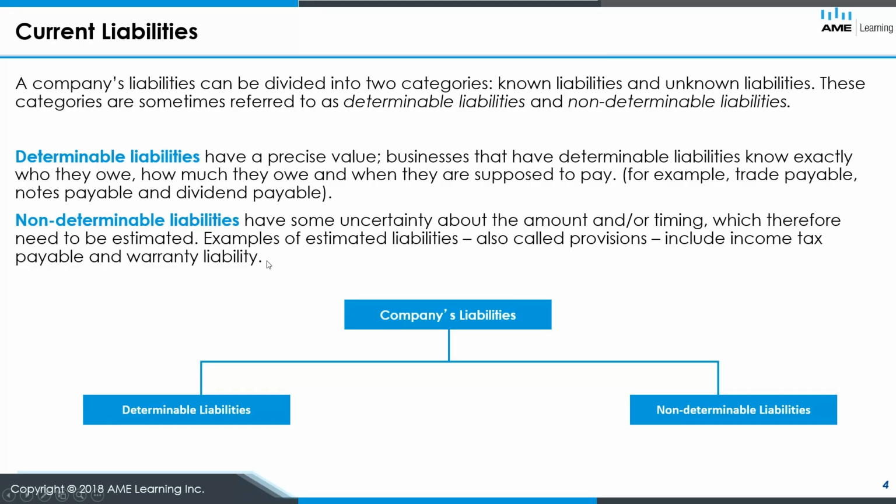Another example that I've dealt with in the real world is estimating the amount of the bonuses that you might pay to all of your company's employees. When you get to the end of a specific accounting period, you want to capture the effect of that expense in that year.